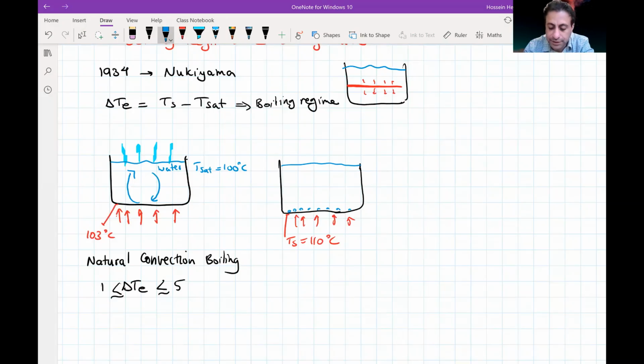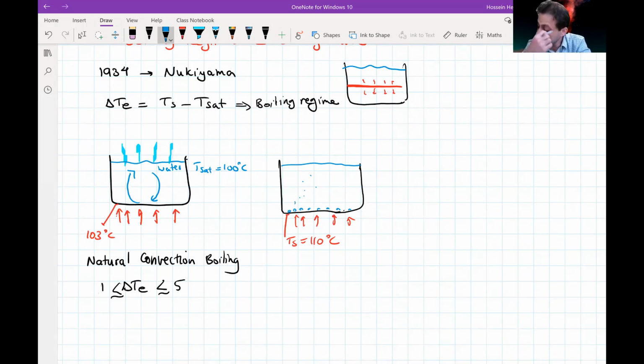Initially, when these bubbles are released, they dissipate and disappear. But if we slightly increase the temperature, with delta T_e between 5 and 10, we see this bubble formation, but as the bubbles detach, they dissipate.